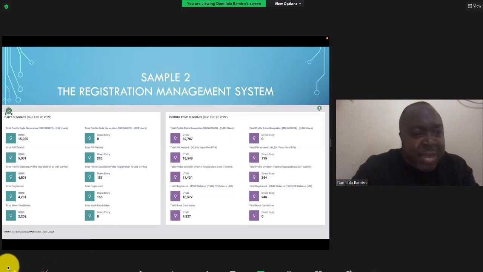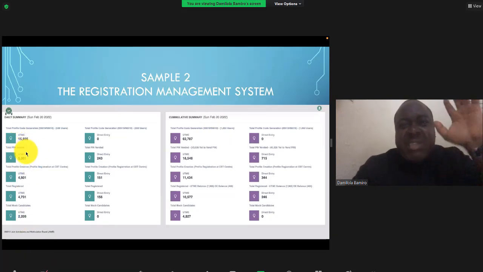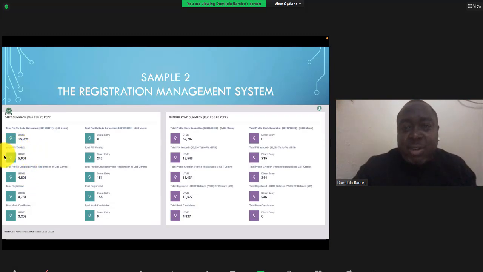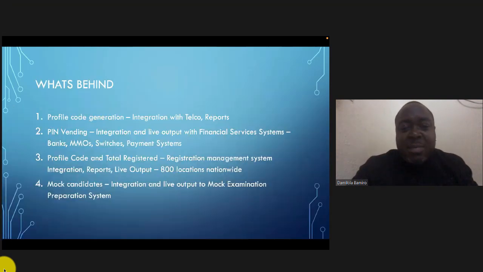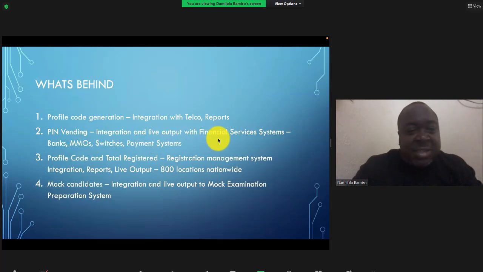If you look at PIN vending, it says total PIN vended. Total PIN vended is the sales going on across the country. Any student that walks into any bank or financial institution and says, I want to buy a JAMB PIN, and pays, instantly this number is changing. This is integrated between financial service systems, banks, and MMO switches.